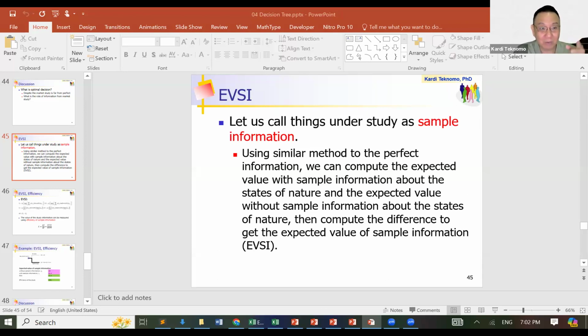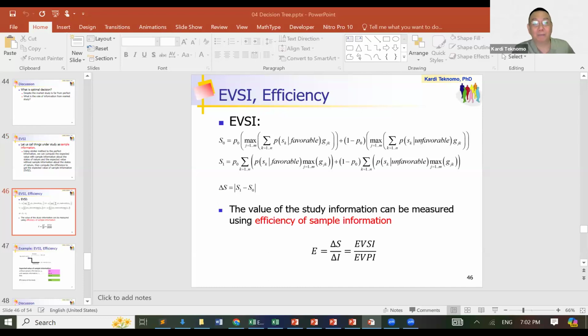PI means perfect, so SI means sample. That means from the actual opinion that you have. So from there, we can compute the efficiency. Yeah. So EVSI is computed using this formula. I showed you a while ago in Excel. Okay.